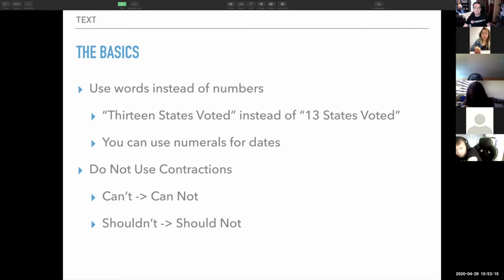Yeah, I think it's up to 1,000. The common rule is you write out numbers up to 999, but after that you would write the number for 1,000.